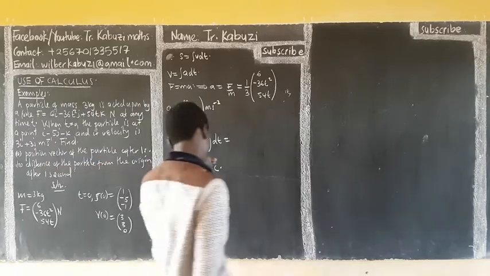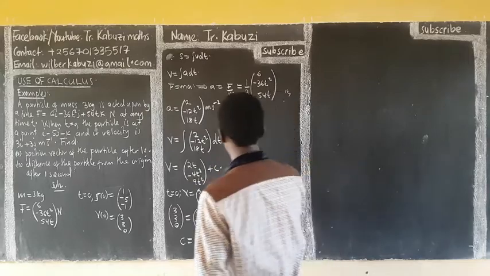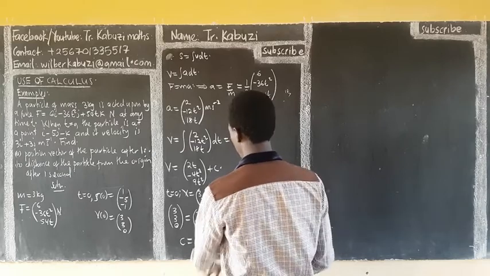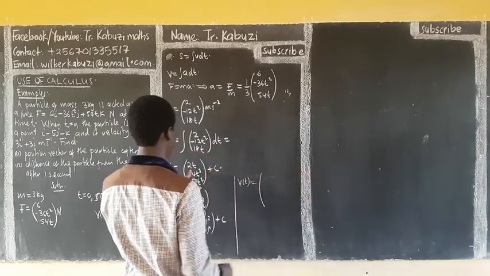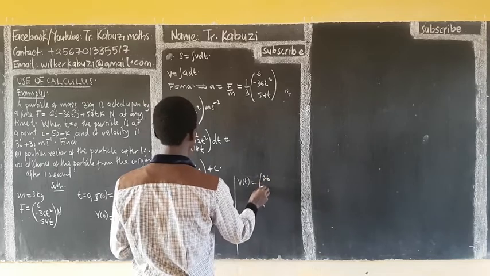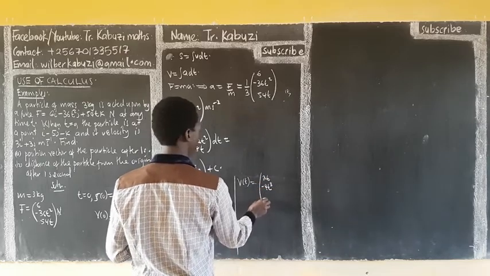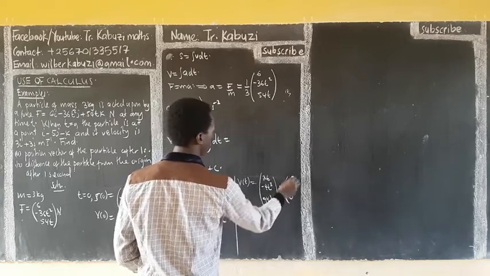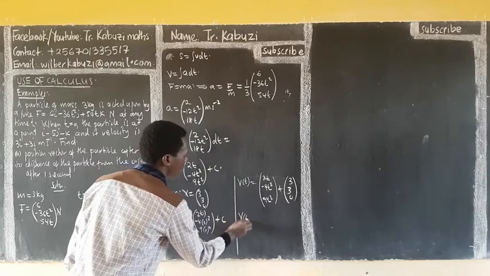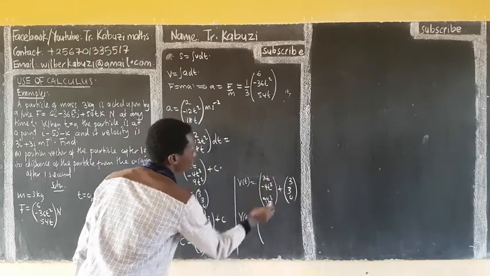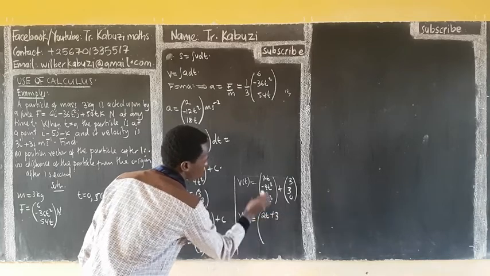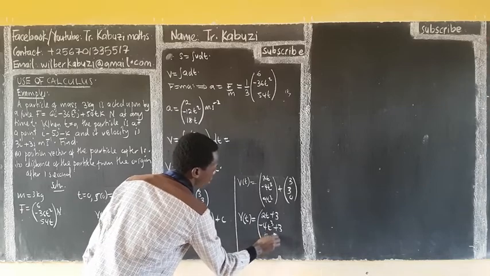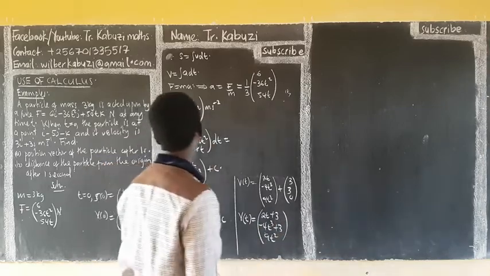So from here I can get my v at any time: 2t, -4t cubed, 9t squared, then plus 3, 0. That's going to be our velocity.